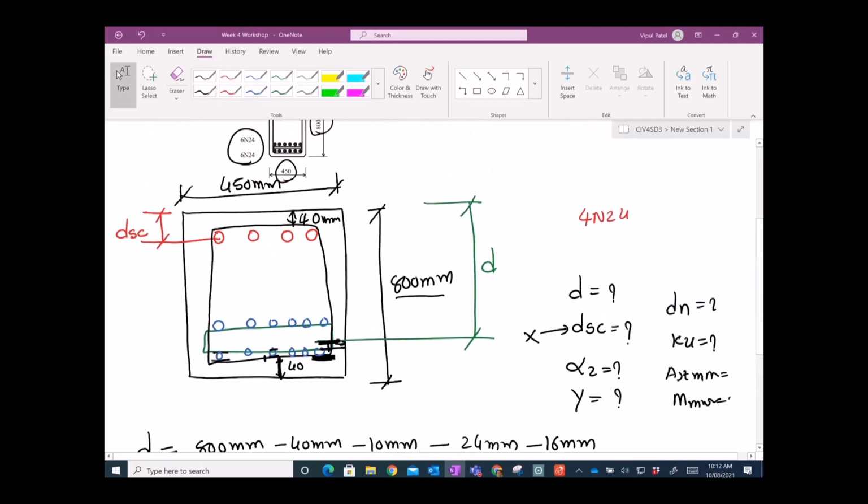DSC is here. So let me calculate: DSC is equal to this 40 millimeters plus this 10 millimeters, plus this half a distance of 24 divided by 2, so 12 millimeters. So DSC is 40 plus 10 plus 12, you get 62 millimeters.